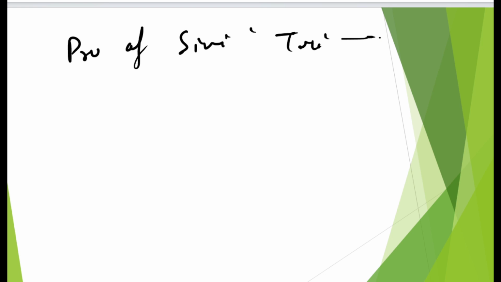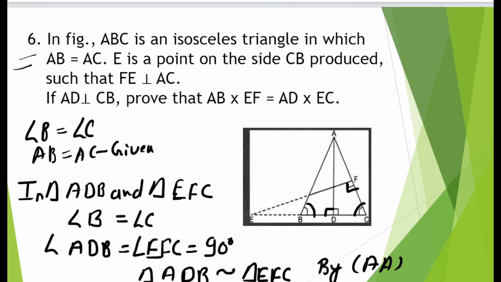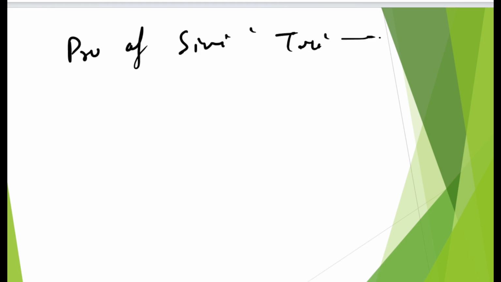It means we can write here, from the previous page, AD upon EF.